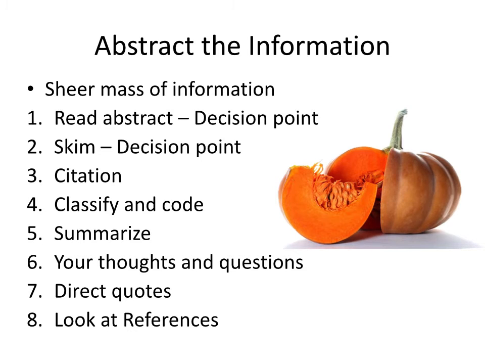Summarize the article. Make a quick synopsis of it and the high points, your thoughts, your questions as you read it. Capture direct quotes. You may not use them as direct quotes, but they give you the flavor of the article and help you to remember it. And then remember to look at the references that are also at the end of each article, because that gives you a jumping off point for more information.